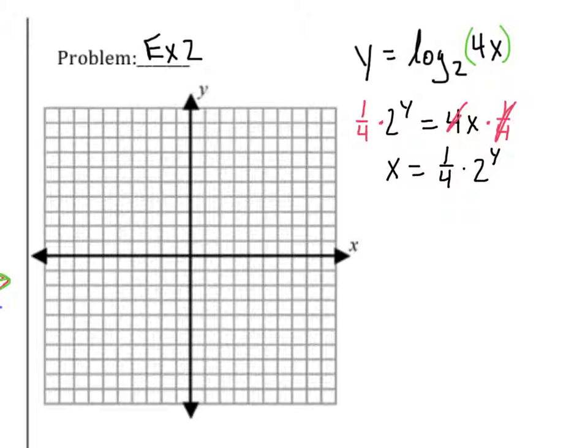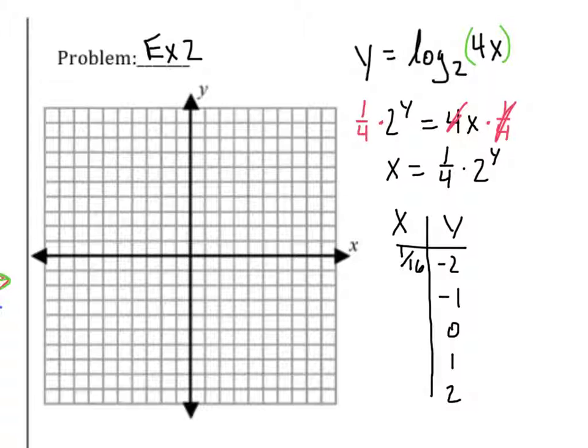Well, now we need to go ahead and plot points. So we plug values in for y. And what is 2 to the negative 2 power? 1/4. And what's 1/4 times 1/4? 1/16.